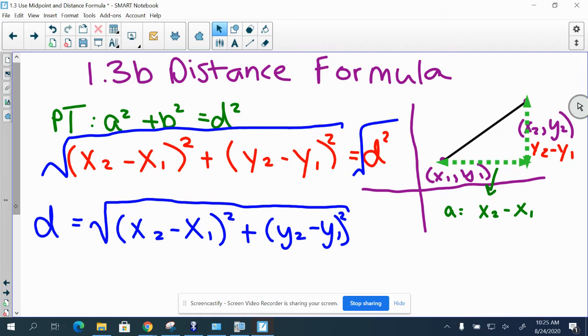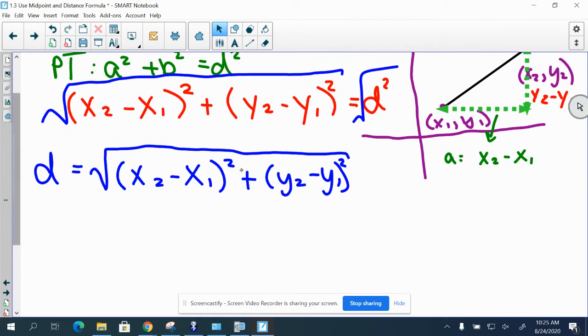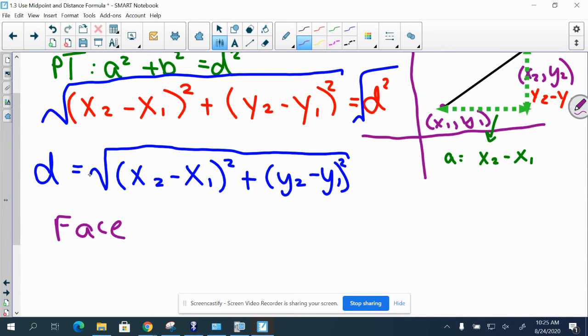And then one thing that some people like to do is think of a way they can remember this formula by thinking of it as a face. So if you wanted to think of the distance formula as a face, the square root would represent the hair.